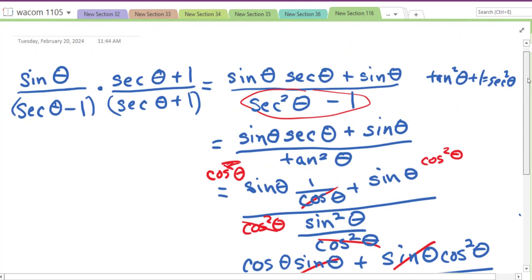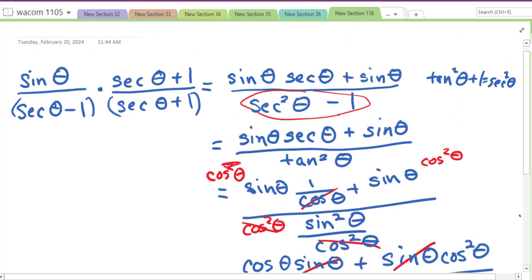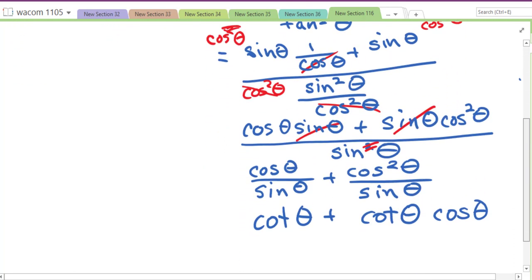All right. But I started off and I did the multiplication like they said, but I used this identity, tan squared plus 1 equals secant squared, and substituted. Then I switched and replaced secant with cosine. So that was my plan of attack. There might be a different one.